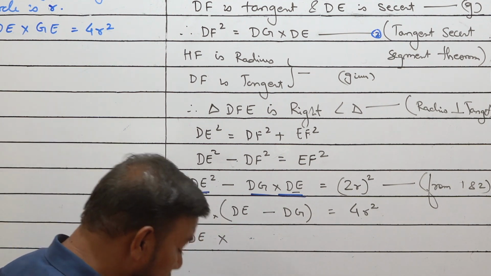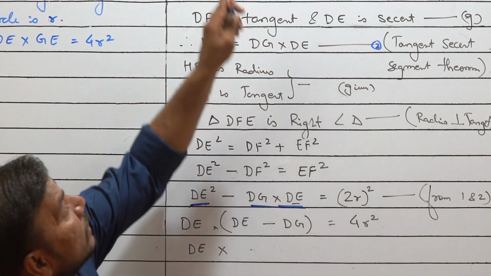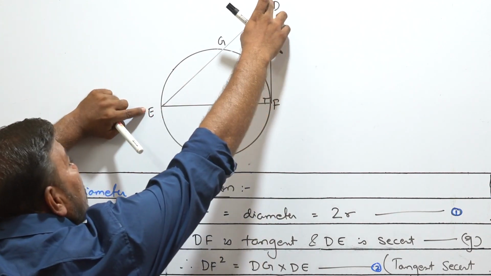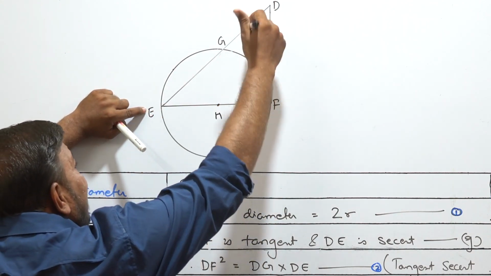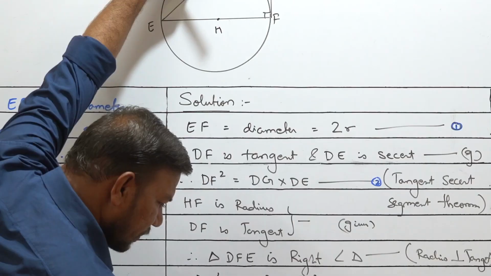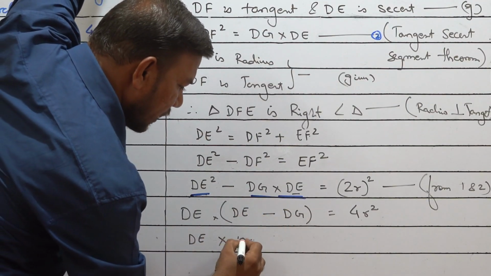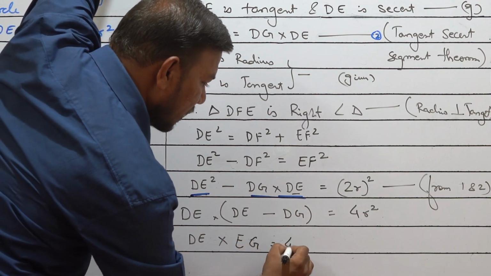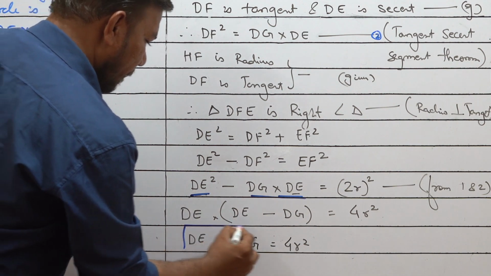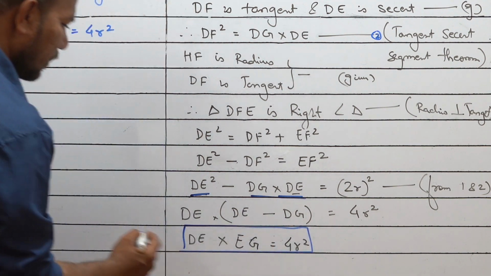If you carefully observe the diagram, this is DE. If I cut DG from DE, what remains? EG remains. So DE minus DG is equal to EG, that is 4R square. This is what I had to prove. Done.